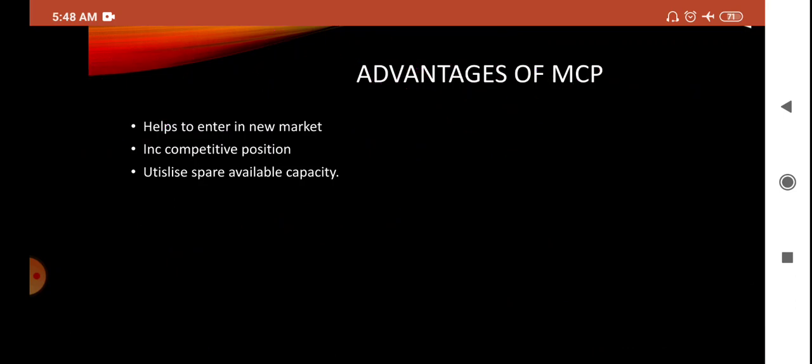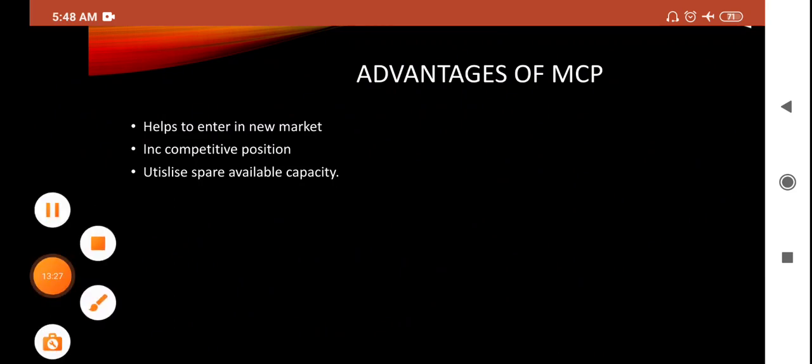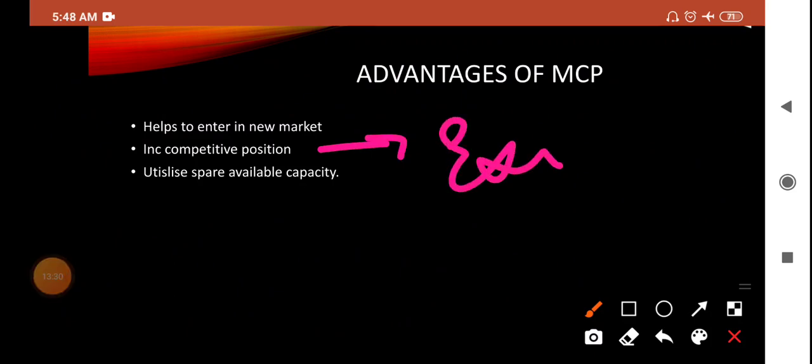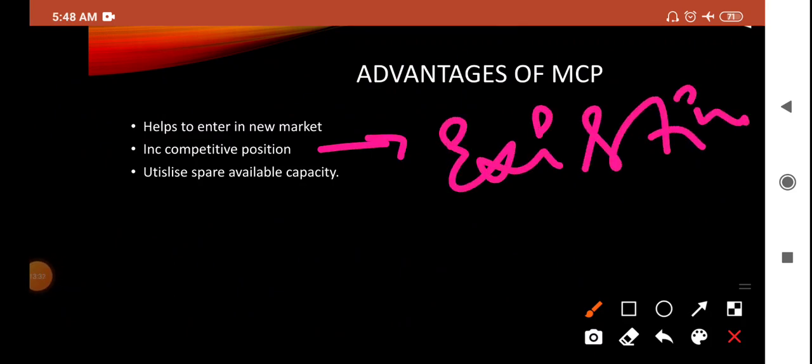Next, it increases competitive position in existing markets. In existing markets, if the products are high in demand and firms are producing extra units, then there will be an increase in competition, because if they have opted for marginal cost, the extra cost can be easily recovered.